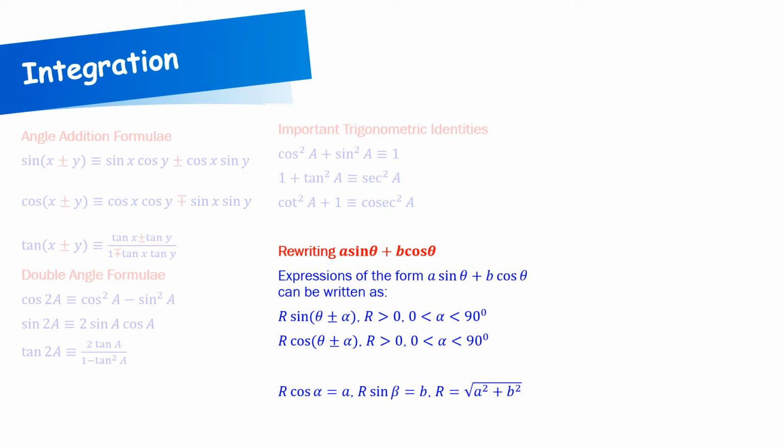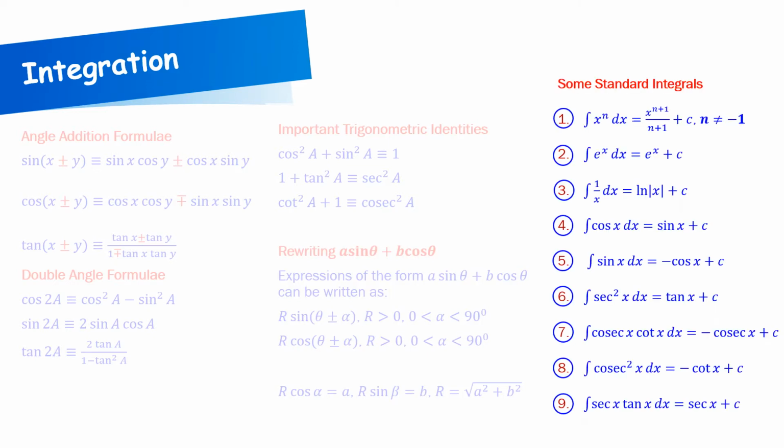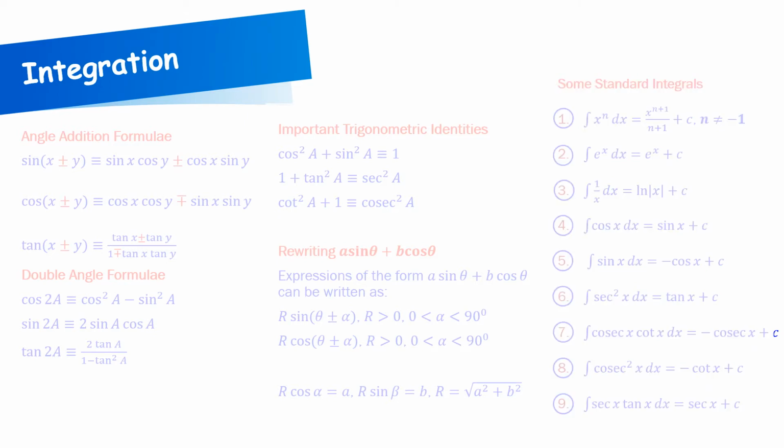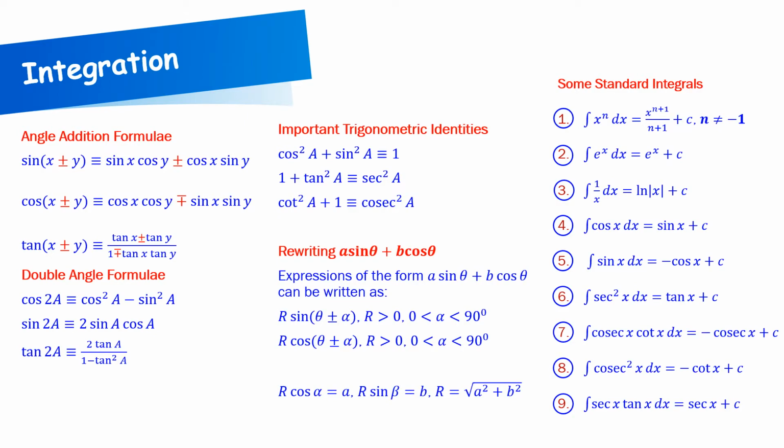We can also rewrite a sin theta plus b cos theta as r sin(theta plus or minus alpha) or r cos(theta plus or minus alpha), as shown here. And we also have some standard integrals, as shown on your screen.